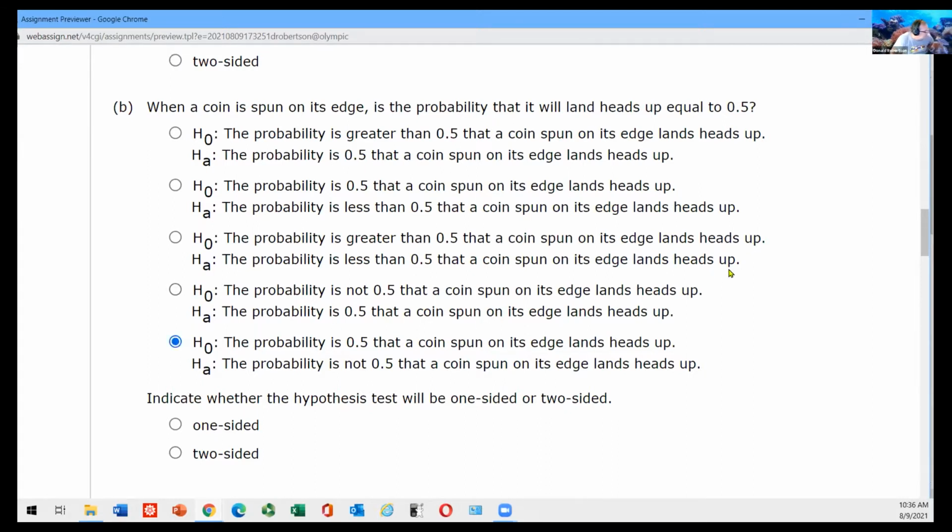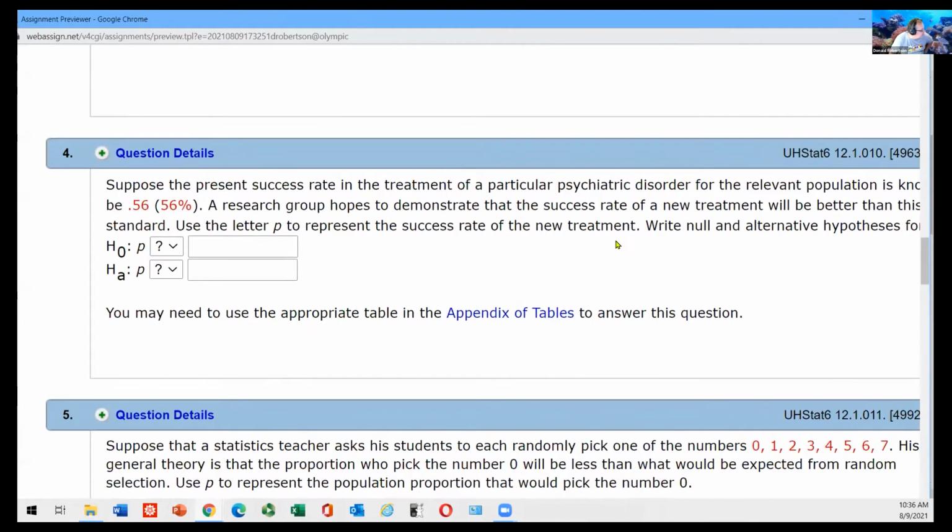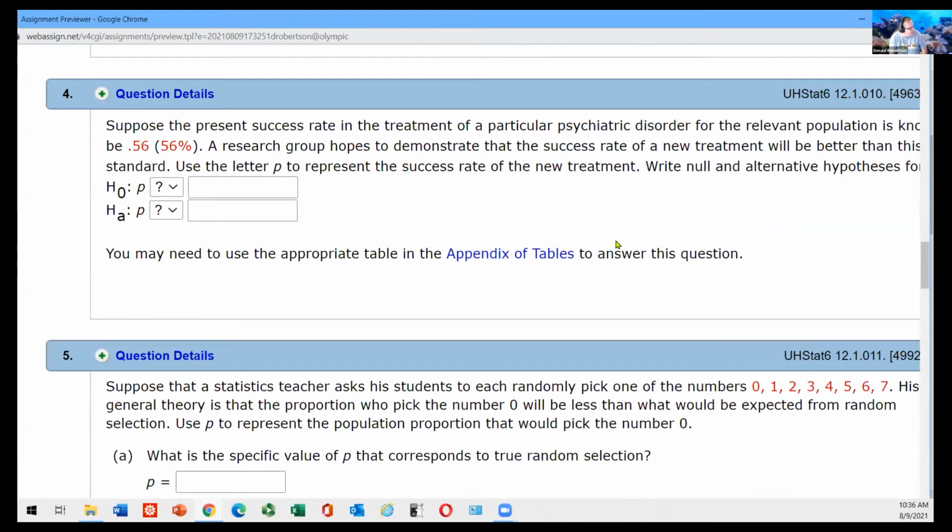I believe it's that one. It's also one-sided. Okay, those are a bit weird, but they are there, so I guess I did them.